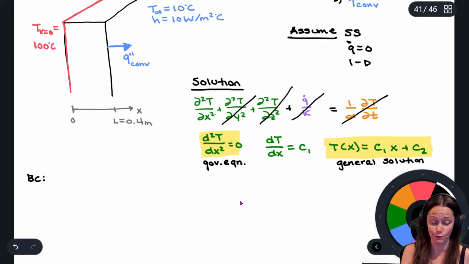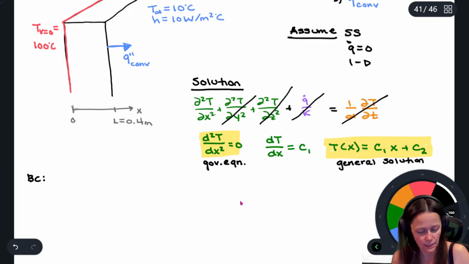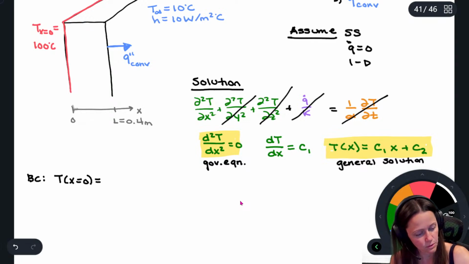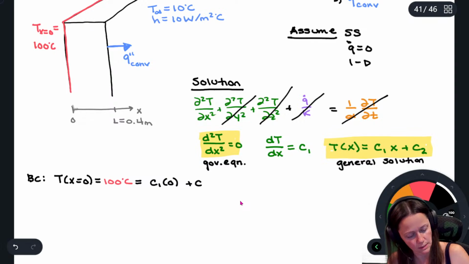I'm going to pick that one first and apply it because, again, anything with a 0 in there makes life easier. So the first boundary condition is that T at x equals 0 is equal to 100 degrees, and that's equal to C1 times 0 plus C2. So I can see that C2 has got to be equal to 100 degrees Celsius.